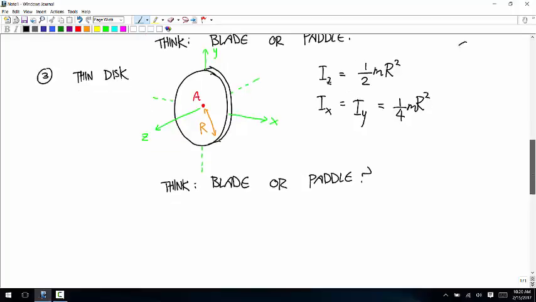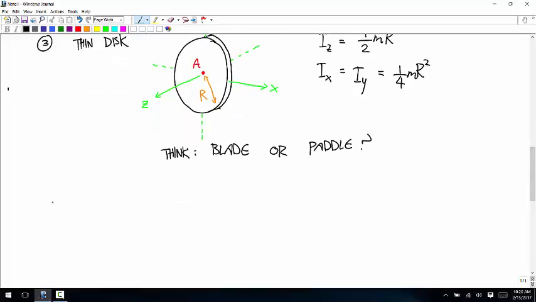And then the last one is a sphere. So that's like a three-dimensional circular shape. The about point, again, is going to be right at the center. I'm not even going to draw the axes because it's axis symmetric.